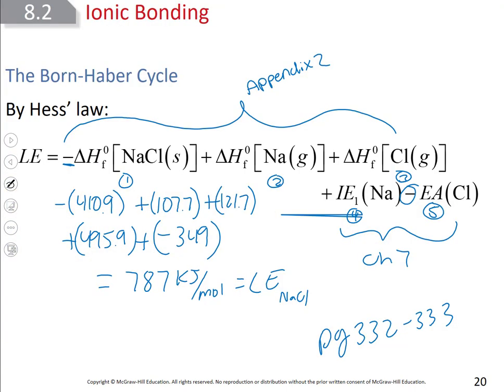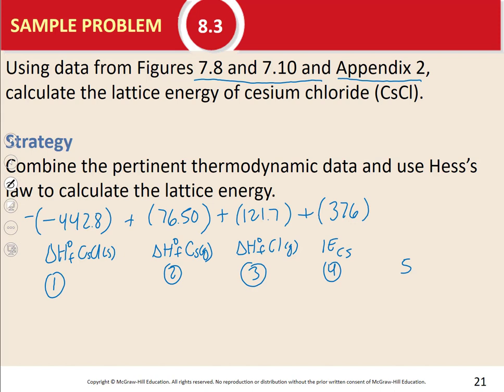And then the last step is the electron affinity of our negative ion, which is chlorine, making it negative because it is the energy being released. So step 5 is the electron affinity of chlorine, which is 349.